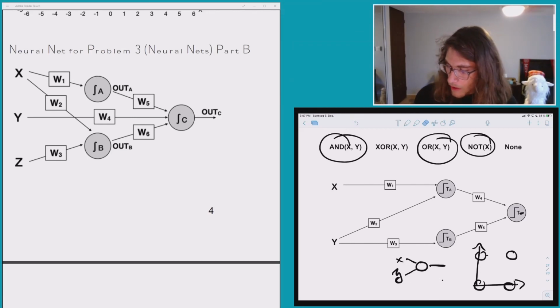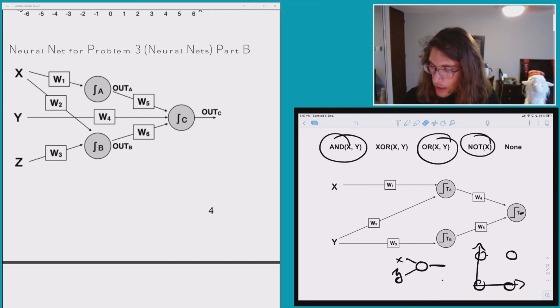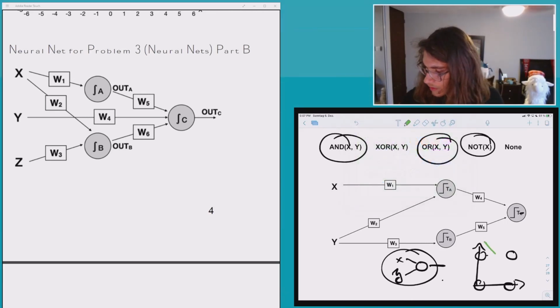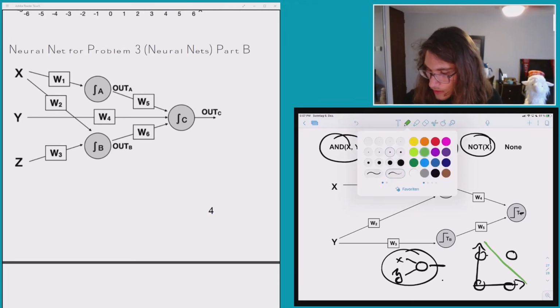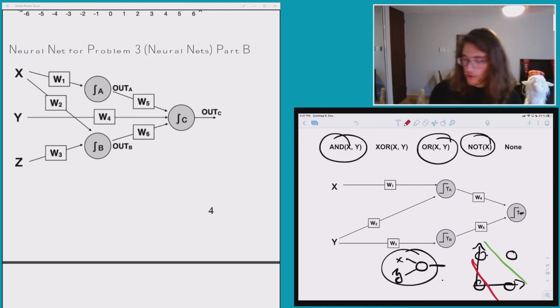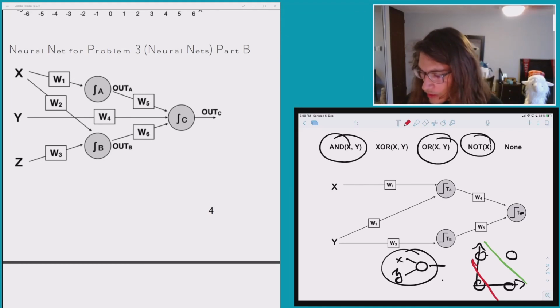The problem came with XOR, and the reason was this small neural network can draw the following lines. It can draw this here, and it can draw this line and a vertical line, but it can't draw two lines and shade them. And that's where the other neural network that I drew came in.